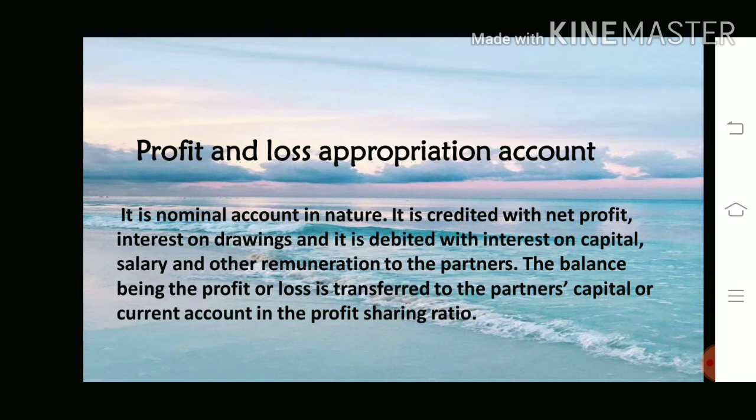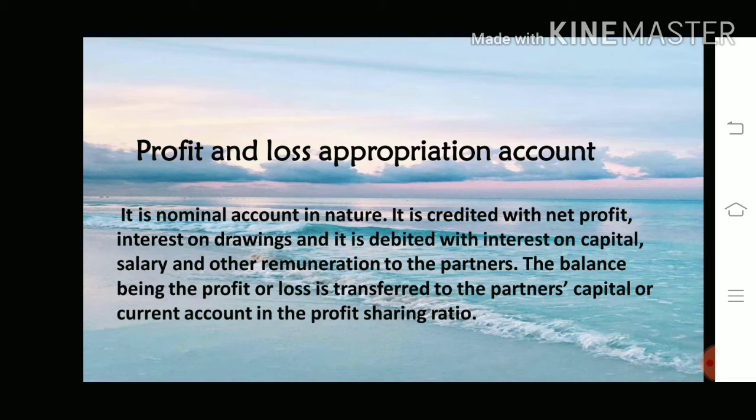It is credited with net profit and interest on drawings, and it is debited with interest on capital, salary, and other remuneration to the partners. The balance, being the profit or loss, is transferred to the partners' capital or current accounts in the profit sharing ratio.